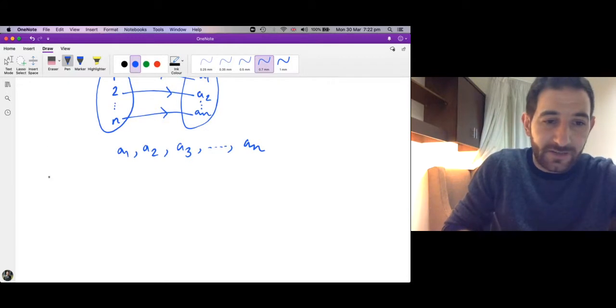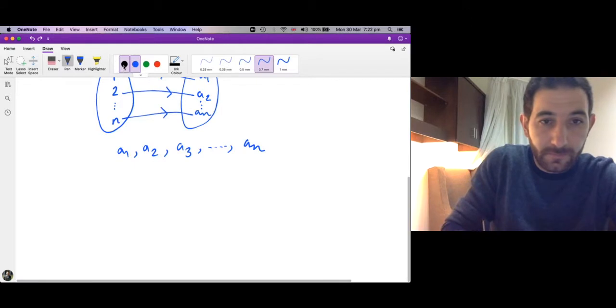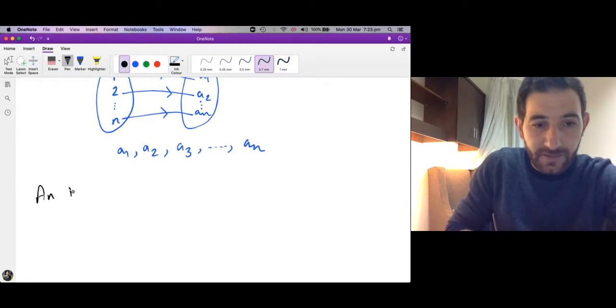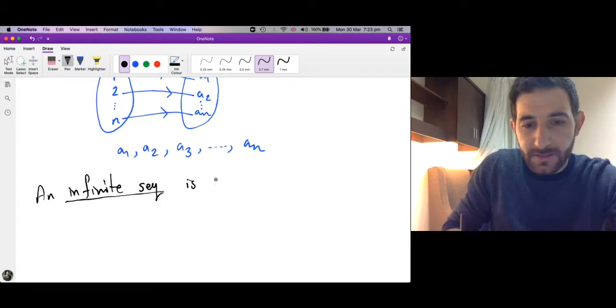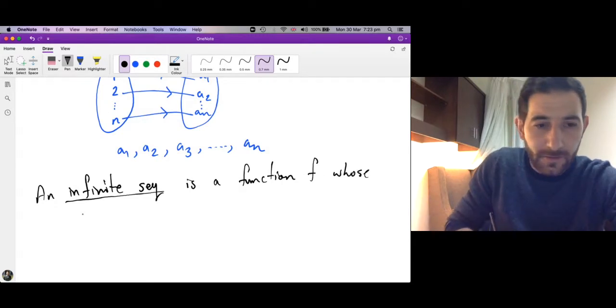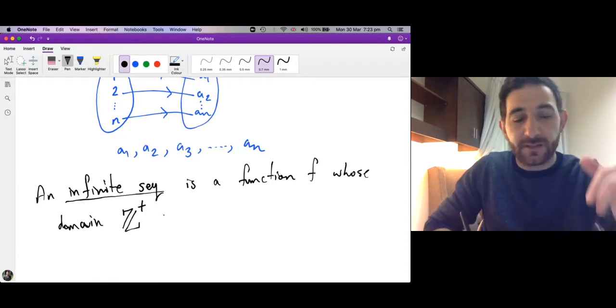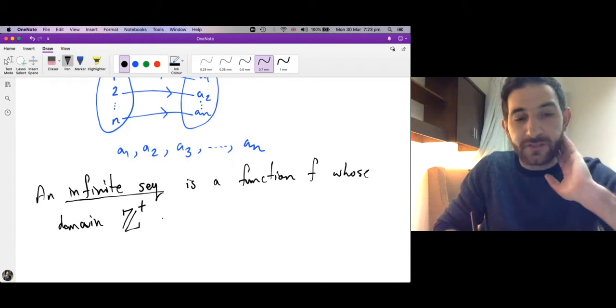Now, what is an infinite sequence? An infinite sequence is again a function, let's call it f again, whose domain is the set of positive integers, which means the set containing 1, 2, 3, 4, 5, 6, and so on.